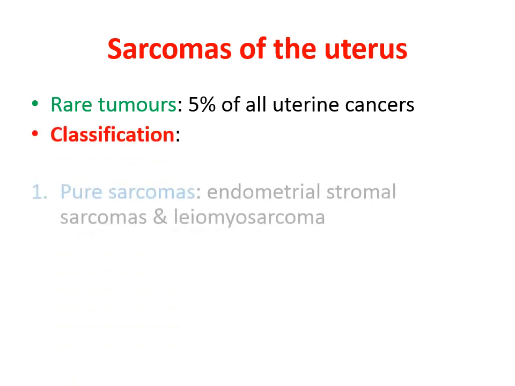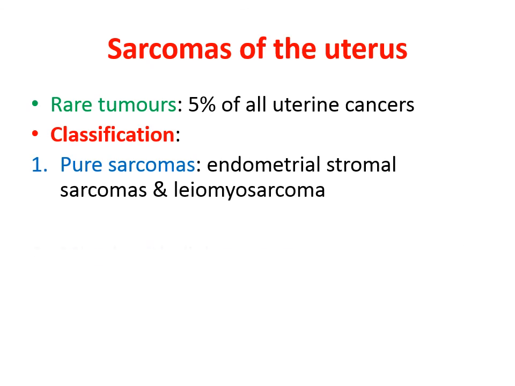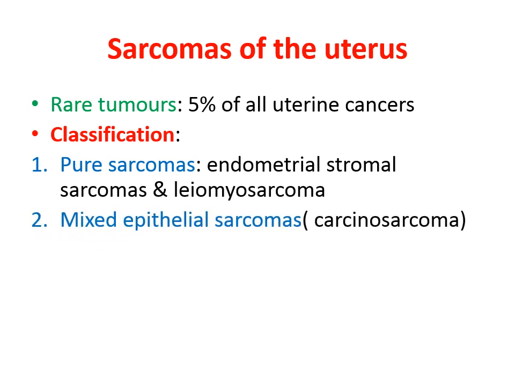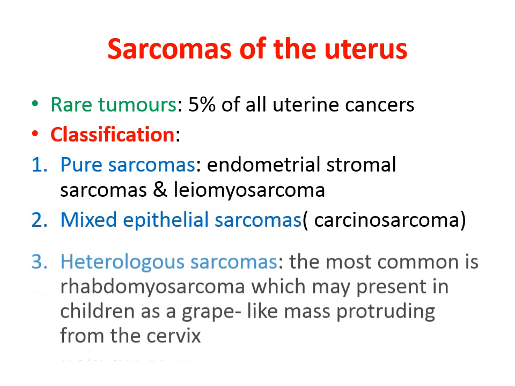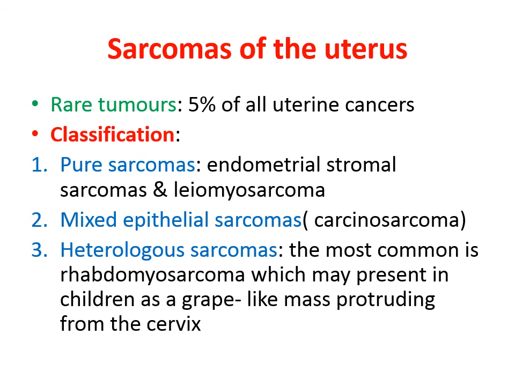They can be classified into pure sarcomas, mixed epithelial sarcomas, and heterologous sarcomas. For the pure sarcomas, this category includes those that arise either from the endometrial stromal cells, known as endometrial stromal sarcomas, or from the myometrium, known as leiomyosarcoma.